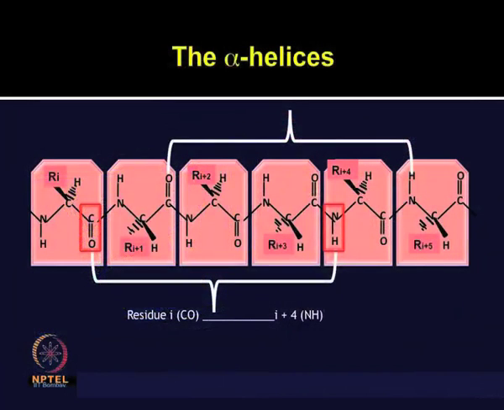The alpha helix is stabilized by hydrogen bonds between the carbonyl group of each amino acid and the NH group of the amino acid four residues ahead in the sequence, as you can see in this figure.